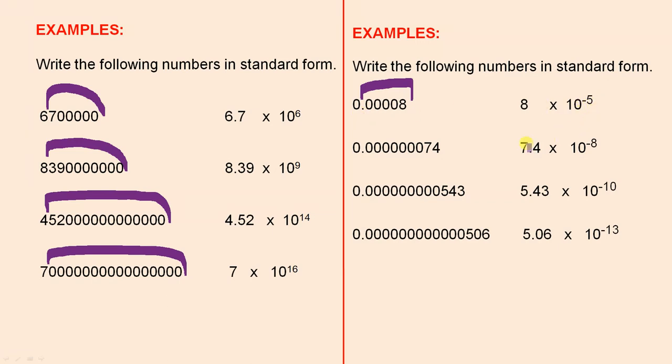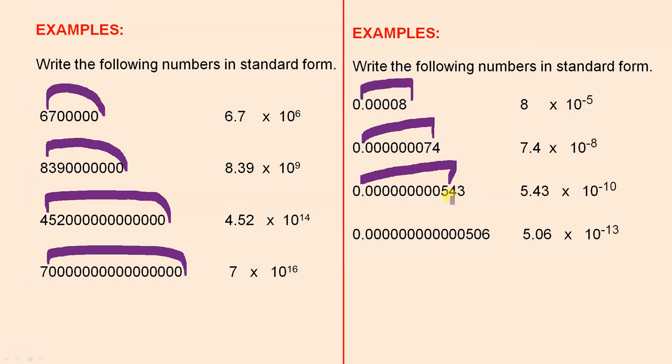For the next one, here's the decimal point. We have to move it from there to here. That gives us 7.4. From here back to here, going left, it's 10 to the minus 8. We move the decimal point to between the 5 and the 4.